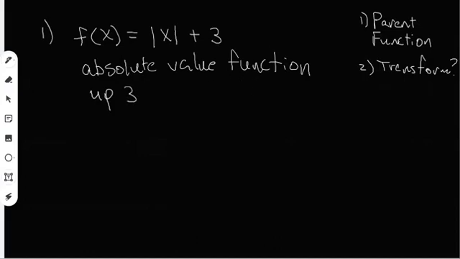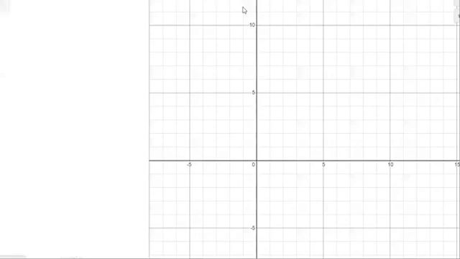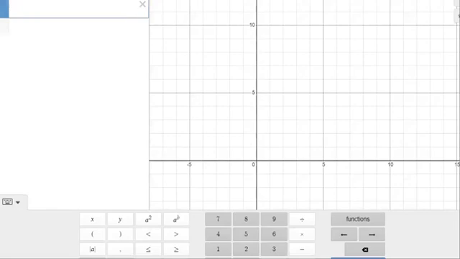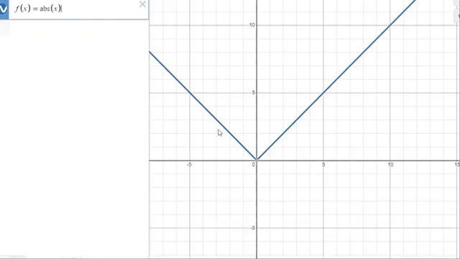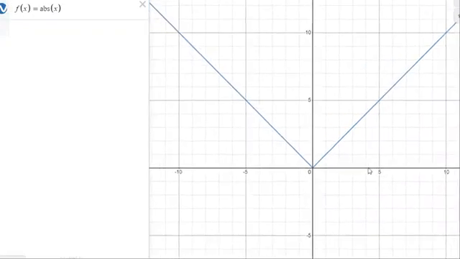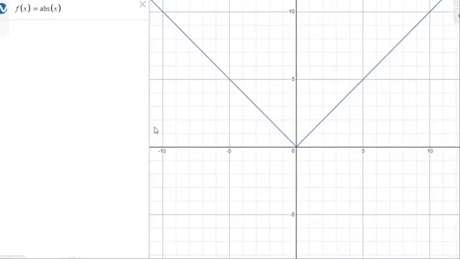So I want to take a look at Desmos to see what that looks like. I want to graph the parent function first. Let's graph f of x equals the absolute value of x. I'll be using ABS to stand for absolute value. You get that classic V shape.